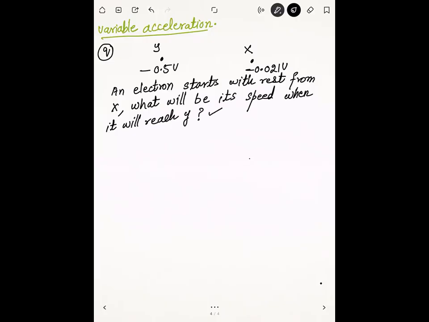What will be the speed of electron when it reaches Y? This is the question here.